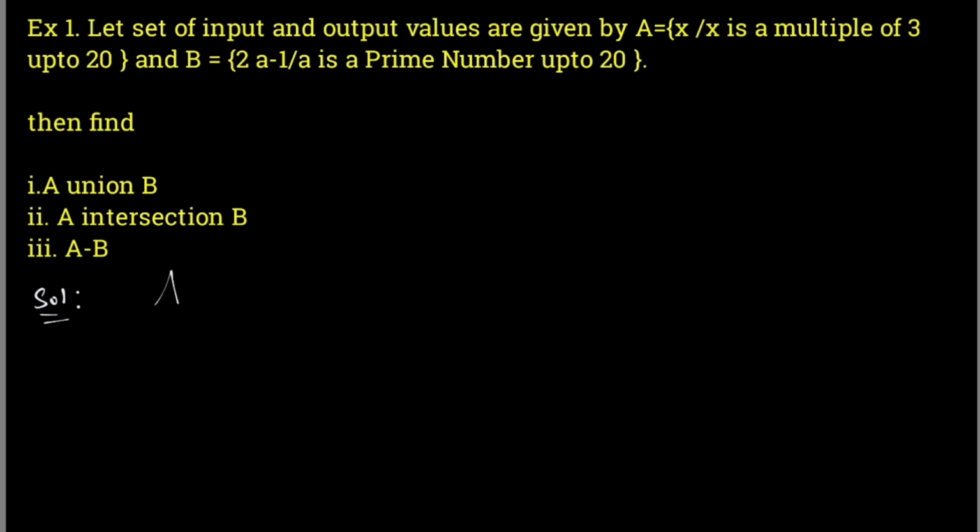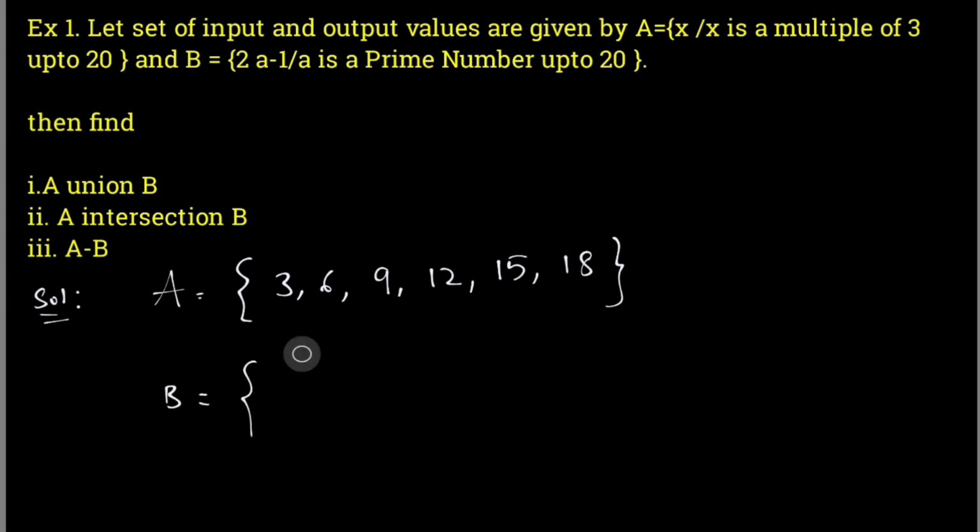So for the solution, first of all, let me define the set A. Set A is the multiples of 3 up to 20, so I can write 3, 6, 9, 12, 15, 18. That's it. And let me define set B, where the first prime number is 2. 2 into 2 minus 1, its value is going to be 3.